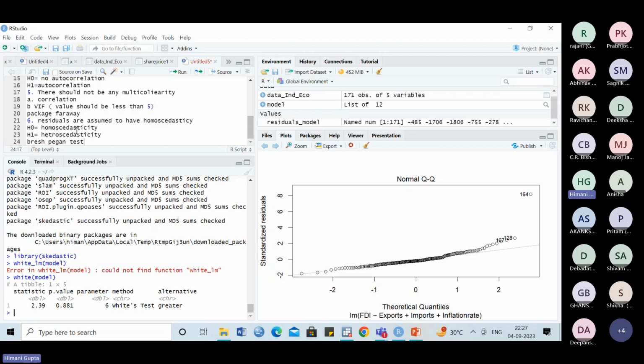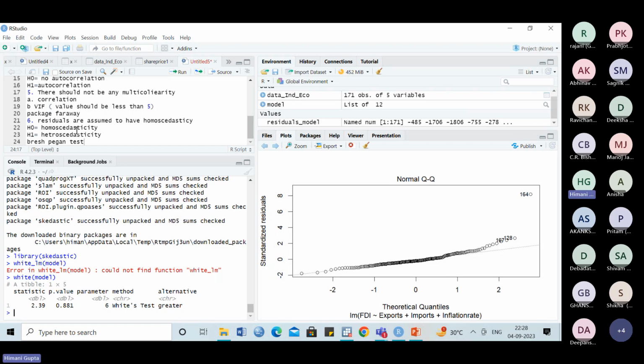But do remember, whatever test you are using, please give the literature review also with that, in which research paper you have seen this kind of test. You have to give the backup of each test you are using.